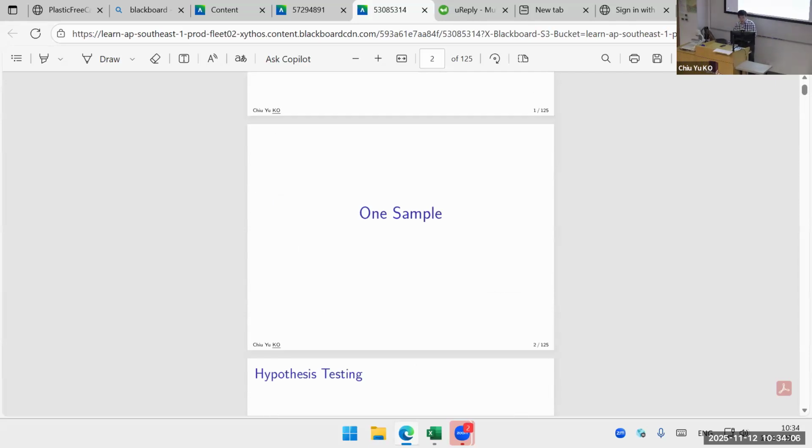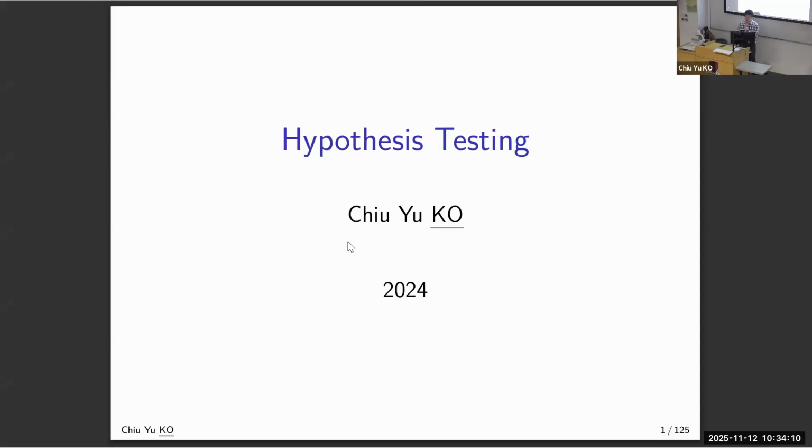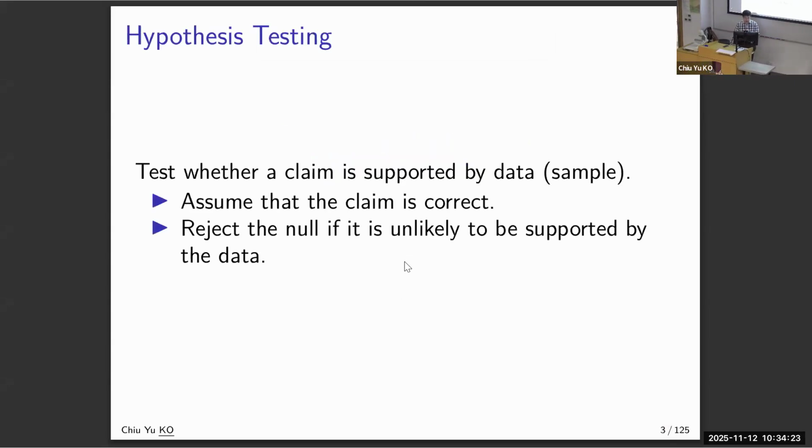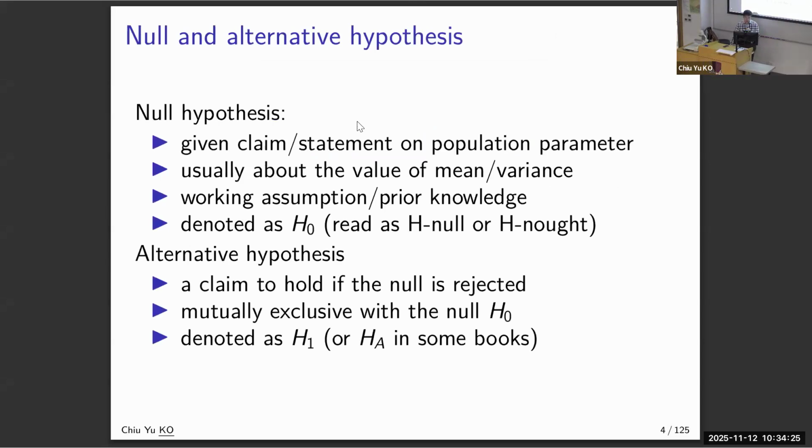Just to remind you what we have done in hypothesis testing: it's basically about whether the sample mean equals a certain number, or the sample proportion, population mean, or population proportion equals a certain number. Let me write down here to help recall, because we have many things to cover.